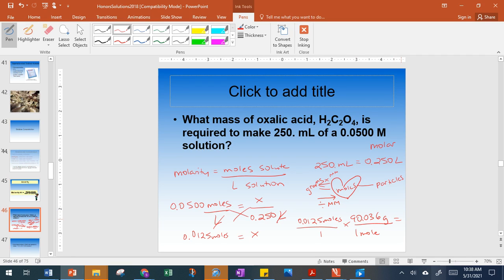If we multiply that by 0.0125, we should get 1.1, and we need 3 sig figs, so 1.13 grams of H2C2O4. We notice here moles cancel out, and we're left with grams. So that's our answer. Okay, so let's do another problem.